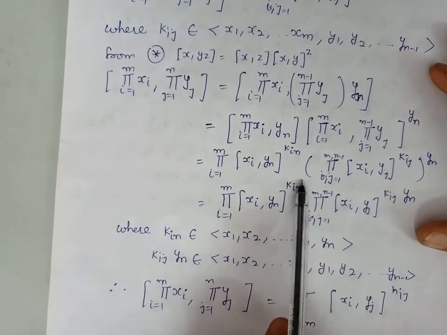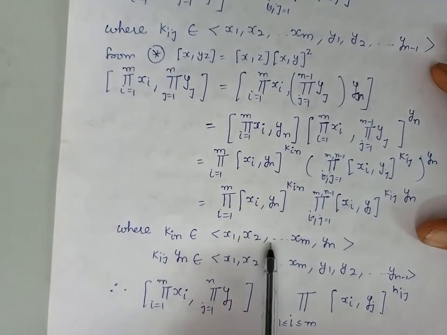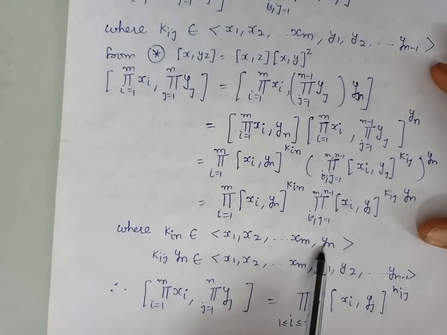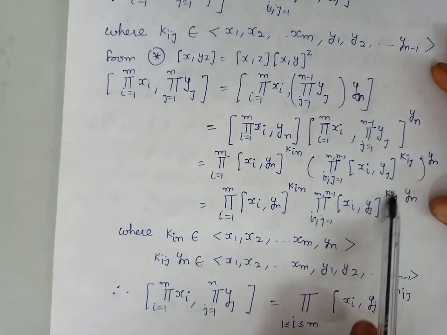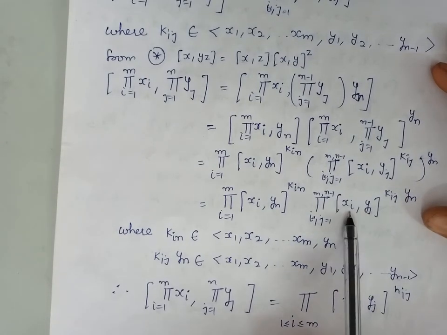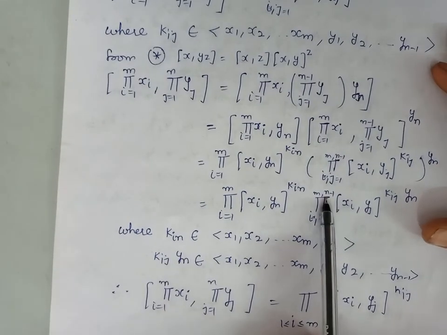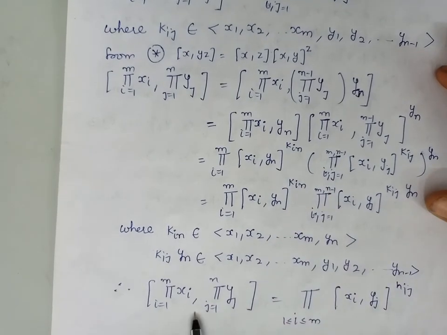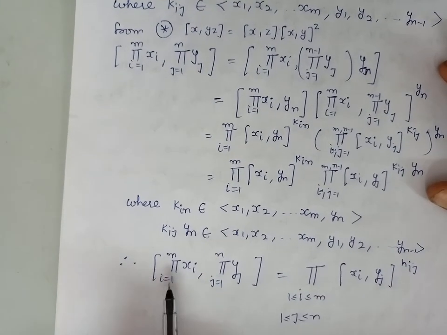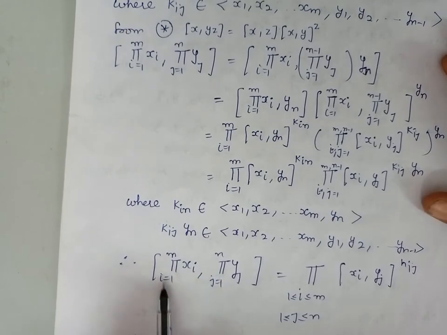Here this kin belongs to the set generated by the elements x1, x2, x3 up to xm and yn. And here these elements belong to the set generated by all these elements xi, where i varies from 1 to m, and yj, where j varies from 1 to n minus 1. So, we have obtained the commutator of the product of xi's with the product of yj, where i varies from 1 to m and j varies from 1 to n.